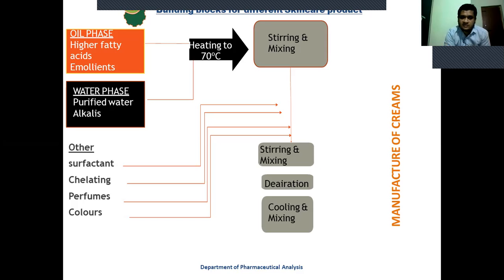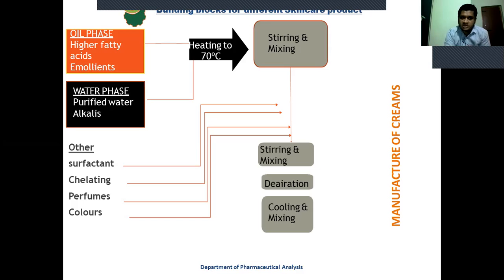Now whenever you prepare, you have to take two containers, two beakers. In one beaker you have to take all the oil phase: oil, stearic acid, mineral oil. And in another beaker you have to take water and all the hydrophilic substances like alkalis and humectants.